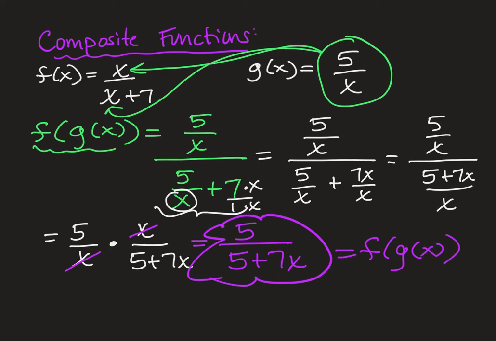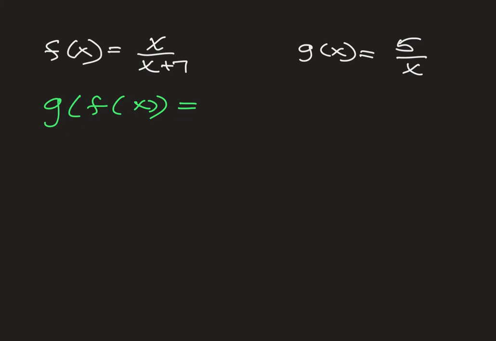So let's see what happens when we do it in the opposite order. Okay, so now I've got my two functions again written up top. And now I'm doing the opposite. So I'm taking the output of this one and putting it in here. I think this one's going to be easier, this direction. So let's see. It's going to be rewritten as 5 over just x over x plus 7.